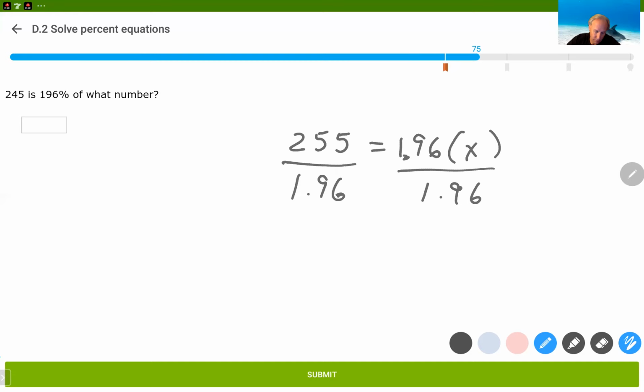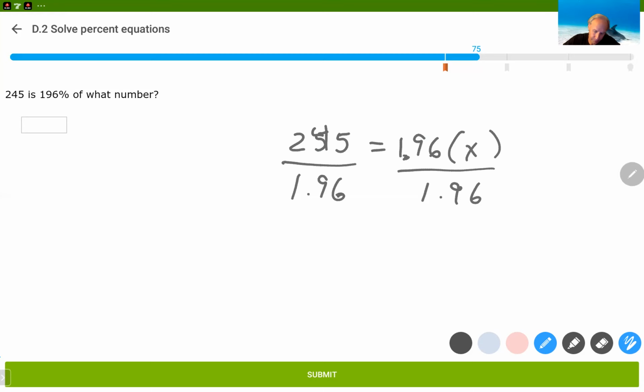Should I turn it on? 255 divided by 1.96. And I get 130.1. Is that right? Oh, 245. I can't read today. Bad eyes. Sorry about that. 245 divided by 196.